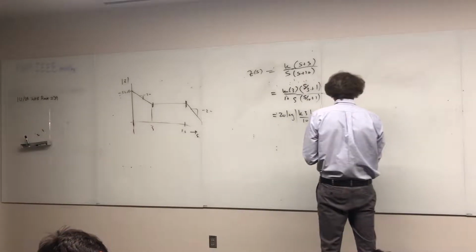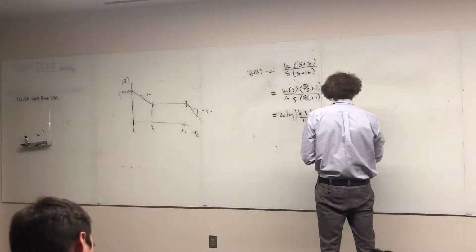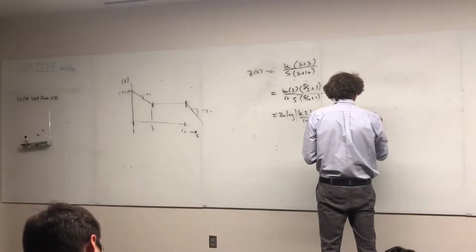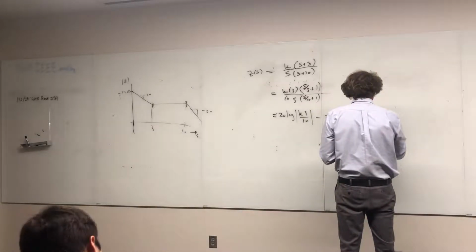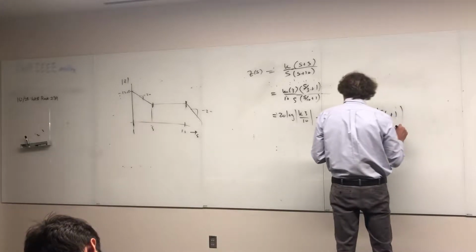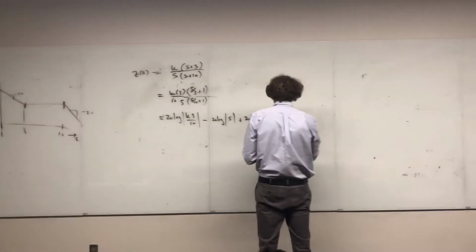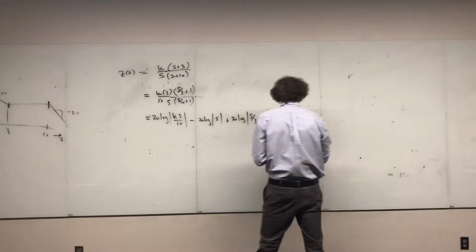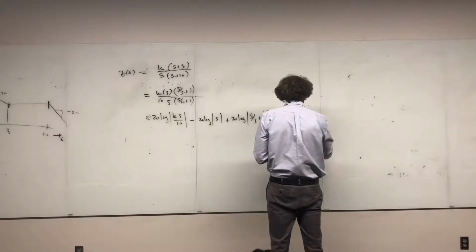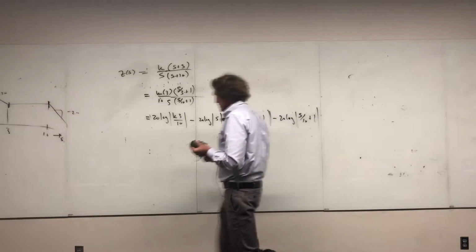And then it's going to be plus 20 times log of magnitude of S over 3 plus 1. And then it's going to be minus 20 times the log of magnitude S over 10 plus 1. Do you all agree with that?